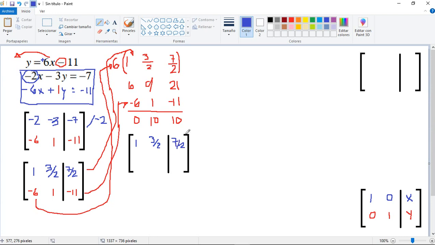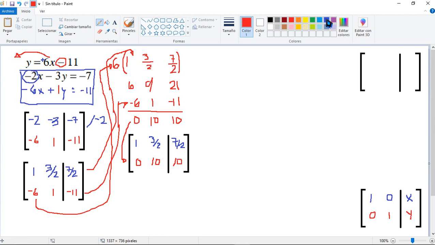Okay, 7 halves. And the second row is going to be this one right here. This one is going to be right here. It is going to substitute the other row. Oh, sorry. So it is 0, 10, and 10. Okay.